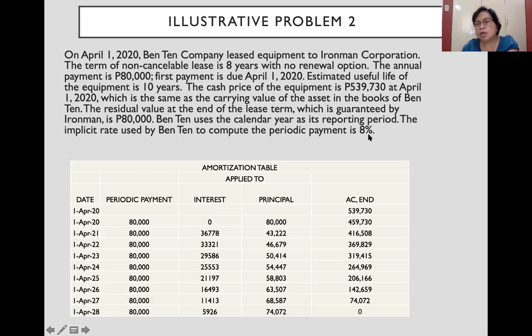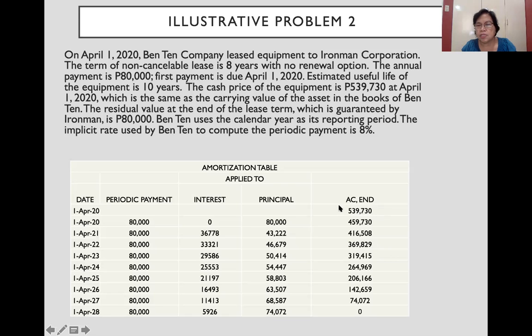Therefore, if you discount the total of 80,000 as periodic rental plus the 80,000 in the form of guaranteed residual value, using the present value factor of an annuity due, because payment is made in advance, for 9 periods, you will arrive at a present value of 539,730. Therefore, we prepare this amortization table.